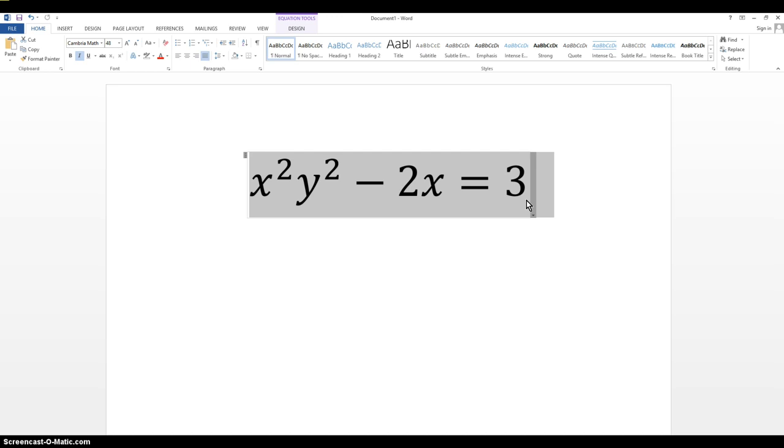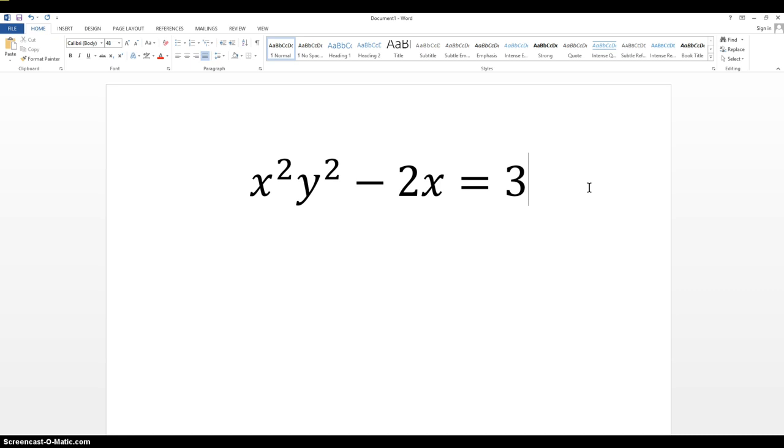Before, you were used to just me giving you the equation y equals 3x. From there, your next step would have been y prime equals 3, or you could have written it as dy/dx equals 3. In this case, it's not solved for y, so what you need to do is implicit differentiation with your derivative rules in mind.